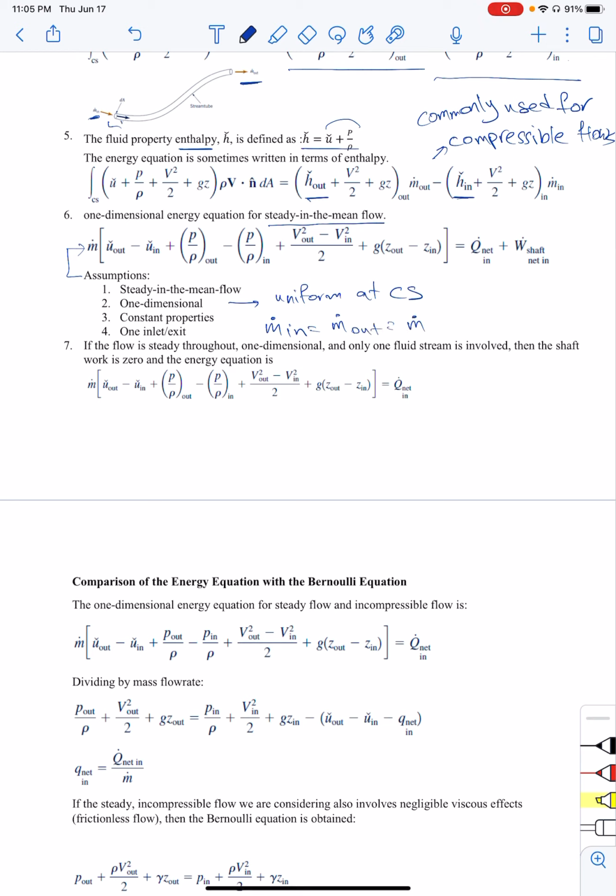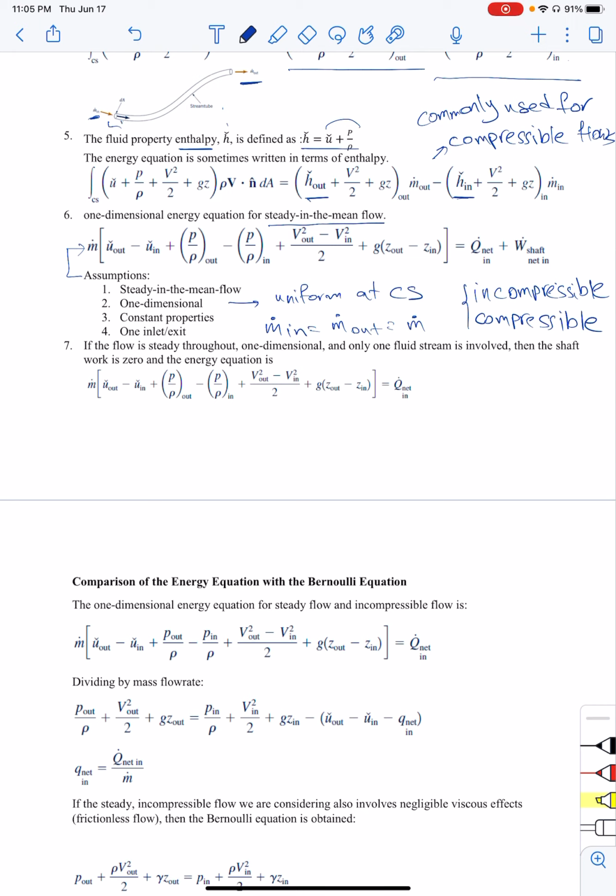And this is for both incompressible and compressible flow. So we can use it for both of these flows.